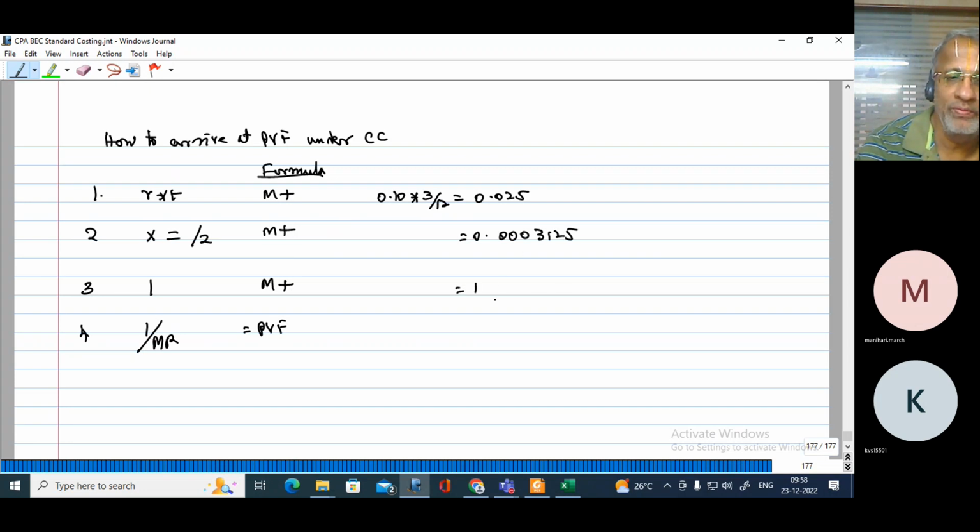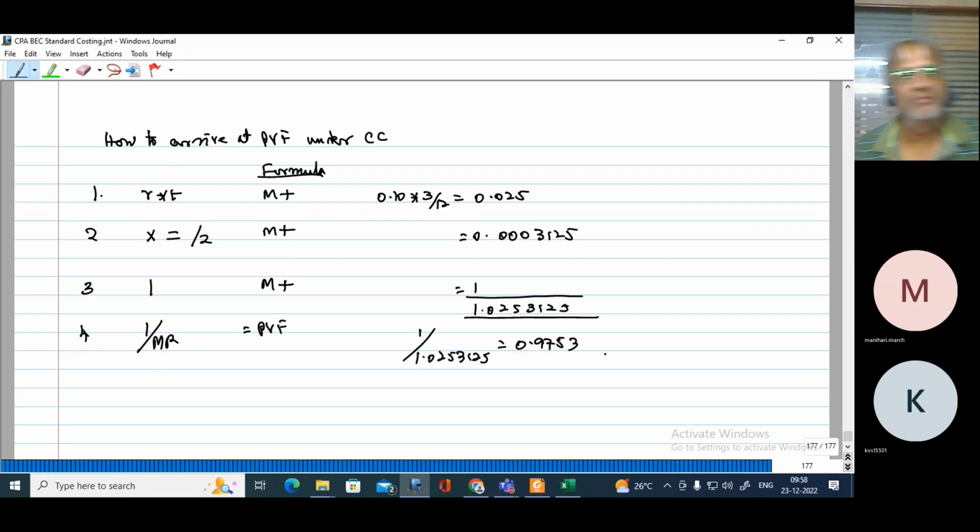Memory you are going to do. The sum of all that memory is 1.0253125. 1 divided by 1.0253125 is equal to 0.9753. Correct? That's it. Simple.